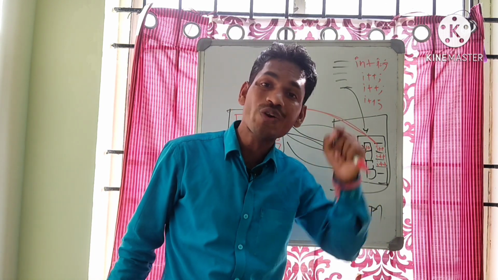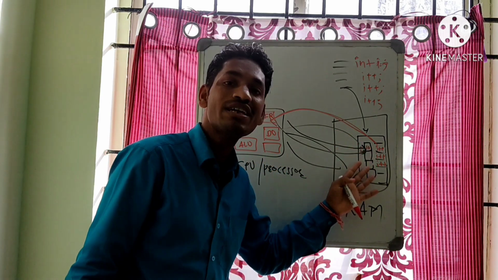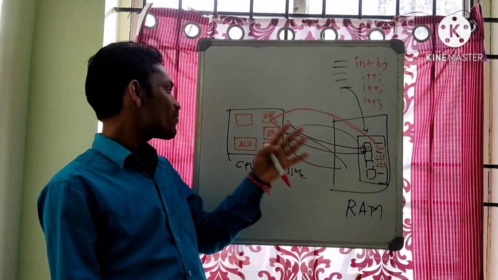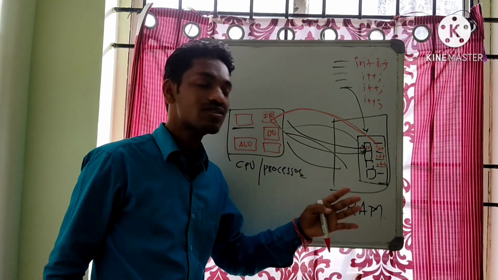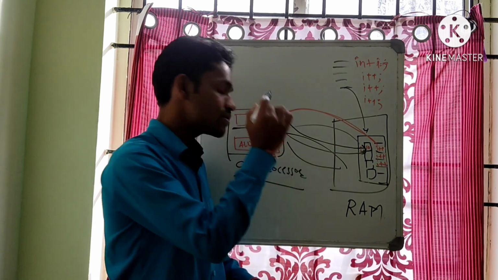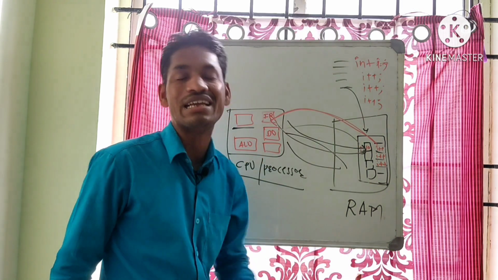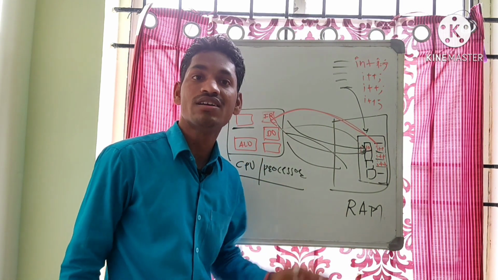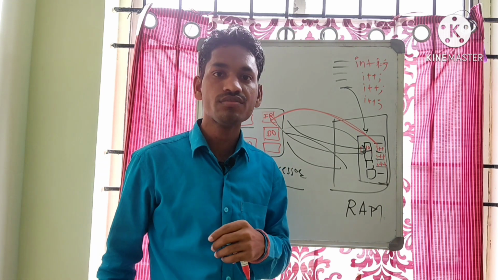If I want to reduce this fetching time, then instead of allocating memory inside the stack section, if I allocate the memory inside the CPU register, this fetching time will decrease tremendously. That's why the program execution will become faster.